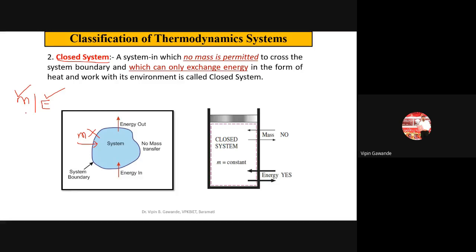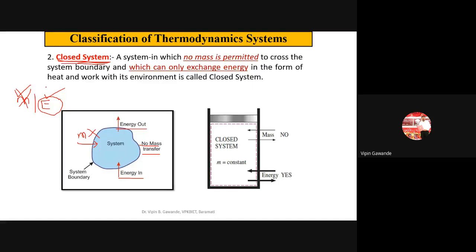Now in a closed system, there is no exchange of mass, there is only exchange of energy. So if in a system there is only exchange of energy, then that system is called a closed system.